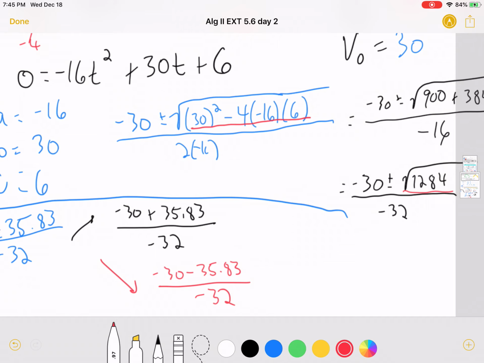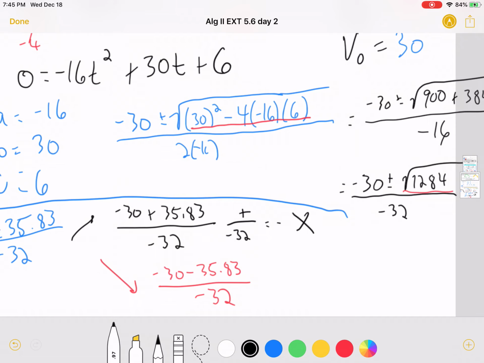I'm dividing by a negative 32, so if I want a positive answer, I can't have a positive on top. If I did negative 30 plus 35.83, I would get a positive number divided by negative 32, which gives a negative answer, and it does not work. I don't want the negative answer.